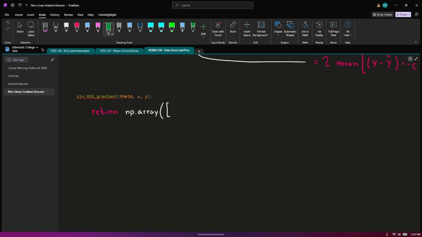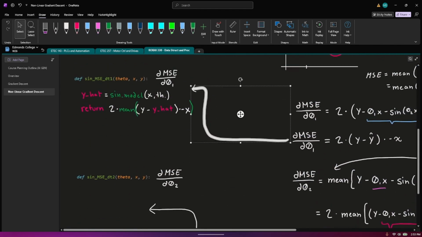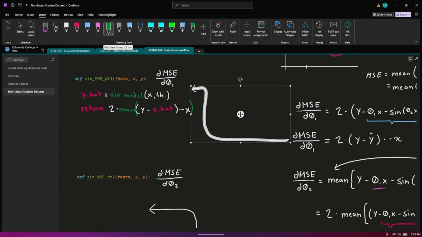We can simply call the above two functions to get our gradient, or our piecewise derivatives, our partial derivatives, excuse me.